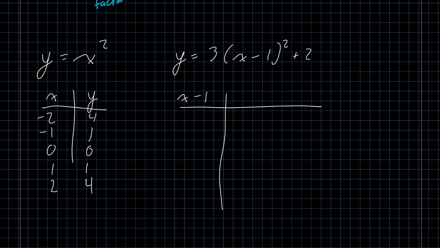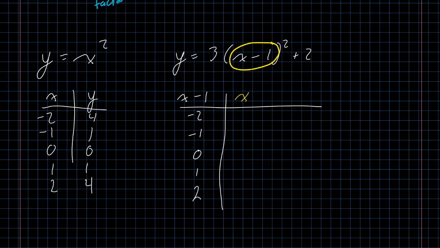But I'm going to draw this table that's going to have several columns in it. And what I noticed right away is that the thing I'm squaring, instead of just being x, is now x minus 1. So I'm going to put in an x minus 1 column, and I'm going to copy down exactly the values that show up in the x column in the original graph.